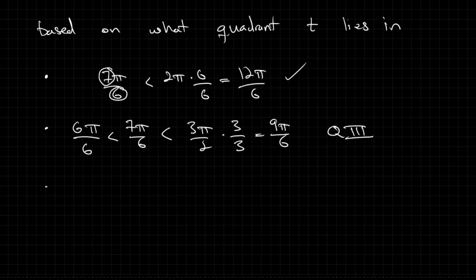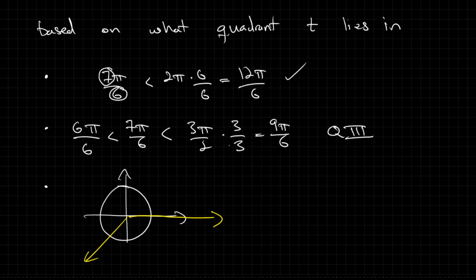Then we draw a picture of an angle in quadrant 3. Here's my unit circle. Here's an angle in quadrant 3. That is t. And my reference angle is this angle between the x-axis and my terminal side.